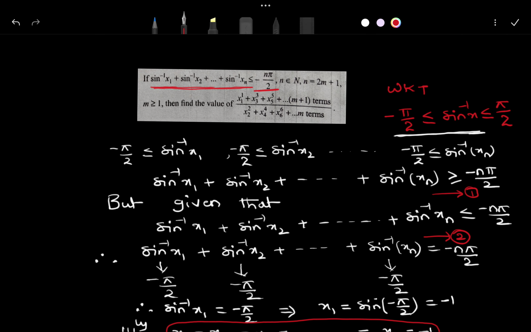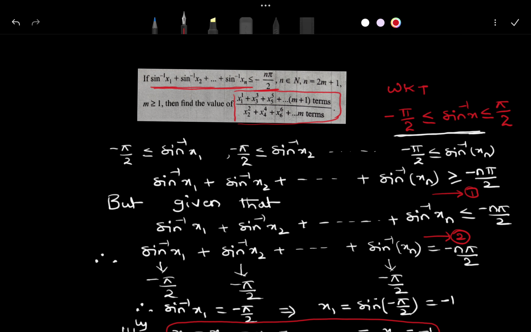So here, what is the given result? This one is the given result. Now if you substitute in this one, observe that x1 power is the 1, x3 power is the 3, x5 power is the 5.